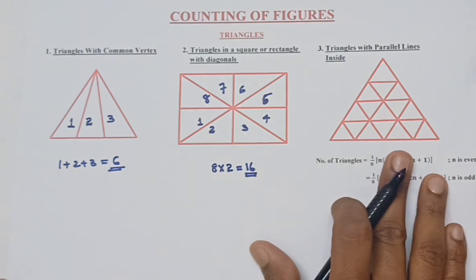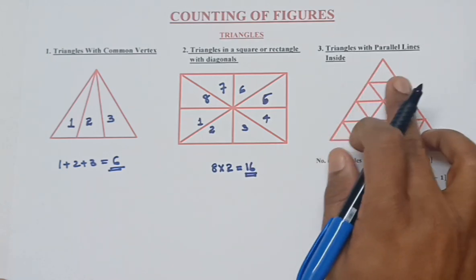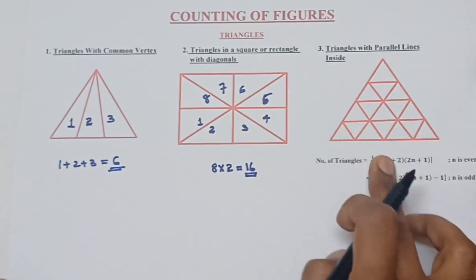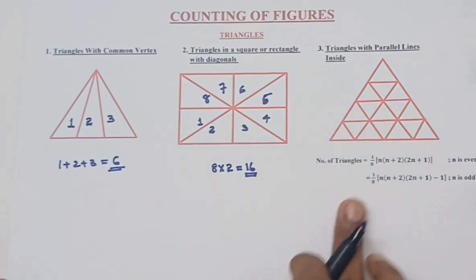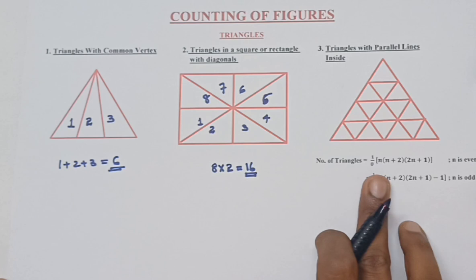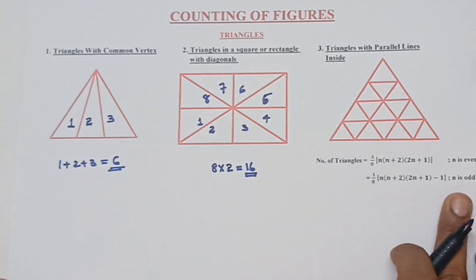In the third type of problems, triangles with parallel lines inside a triangle. That means these lines are parallel to the sides. In this case, the number of triangles can be calculated by these formulas. First one is when n is even, and second is for the case where n is odd.